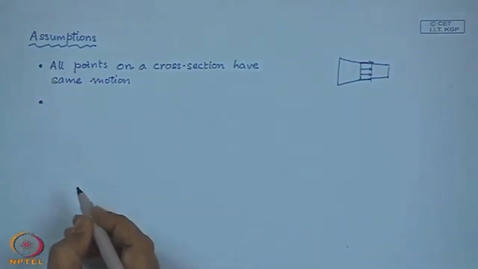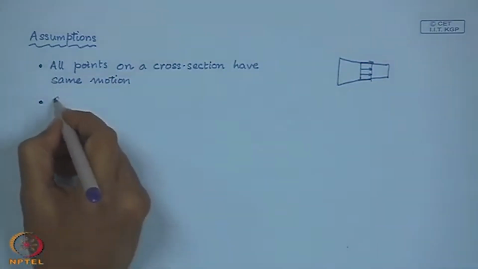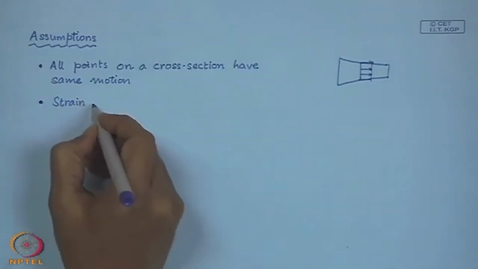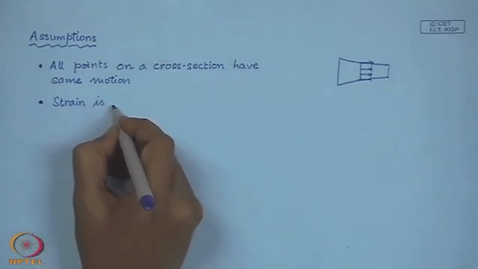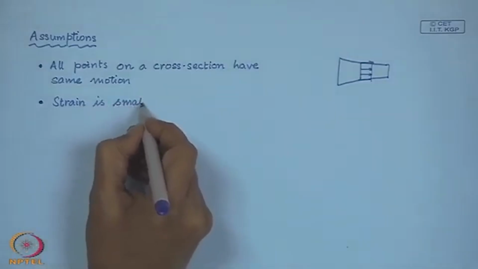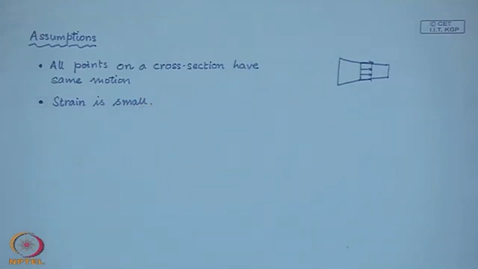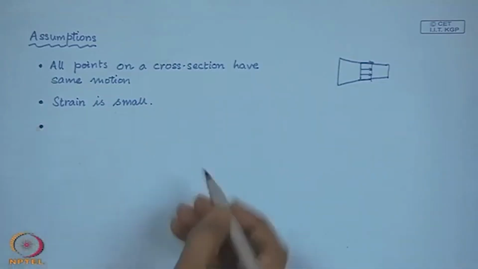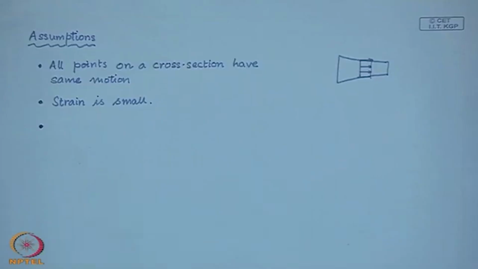The second assumption that we make is that the strain is small, so that we do not have nonlinear effects. We are going to discuss only linear vibrations of bars.